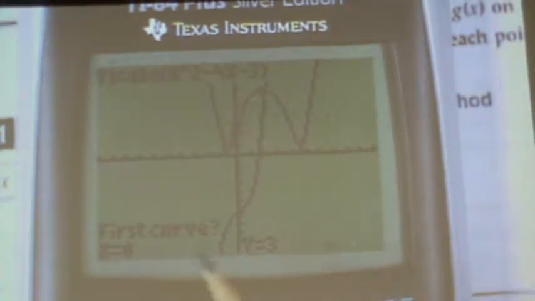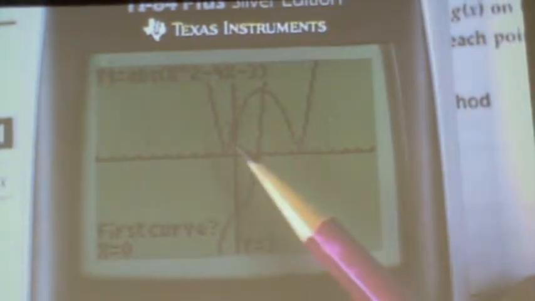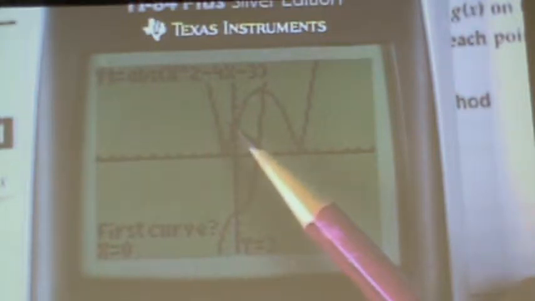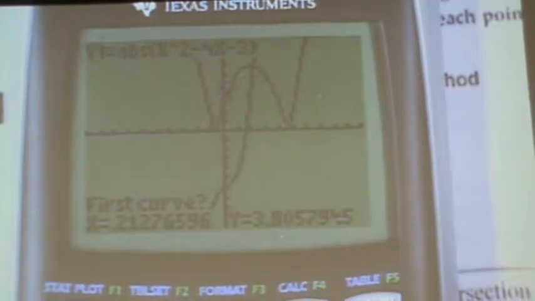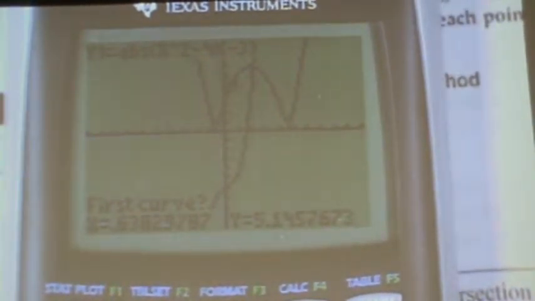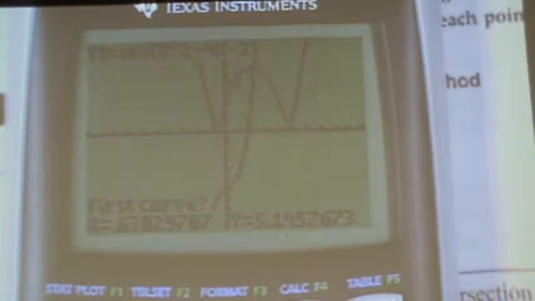Now, they ask you these questions, first curve. All you need to do for this one, see this little cursor? Get close to this intersection. So arrow over, and then all you have to do is hit enter 3 times. Enter, enter, enter, and there's your answer at the bottom. Bing, intersection.